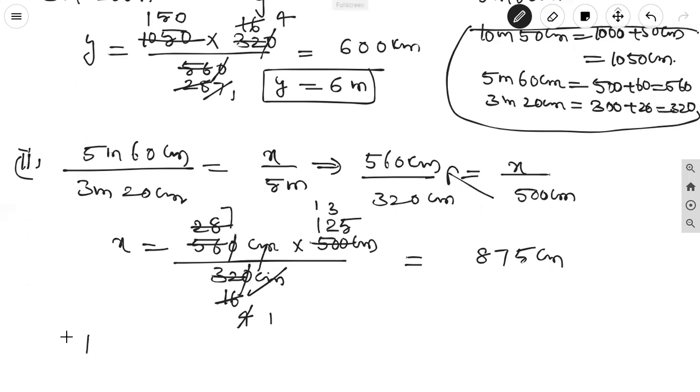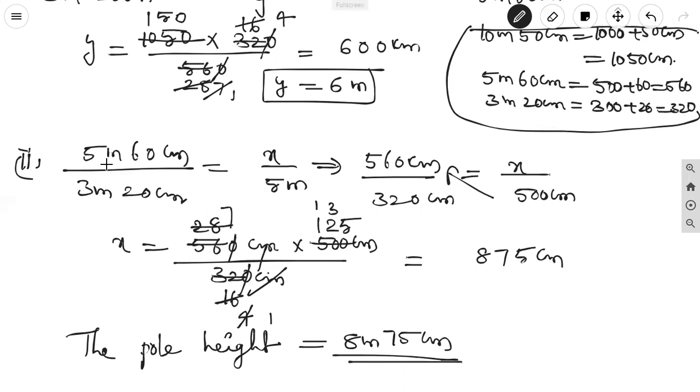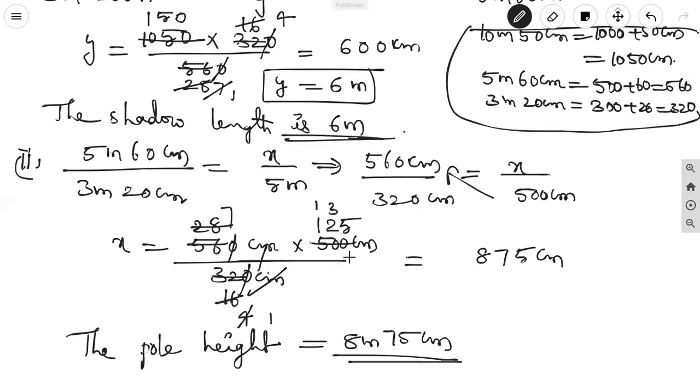That is the pole height is equal to 8 meter 75 centimeter for the second question. Here the shadow length is 6 meter. It is the answer.